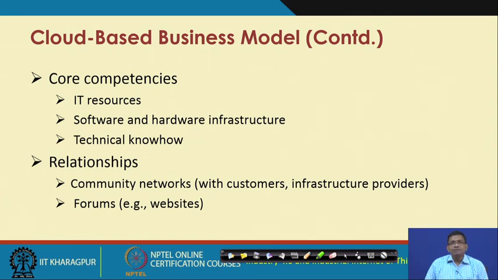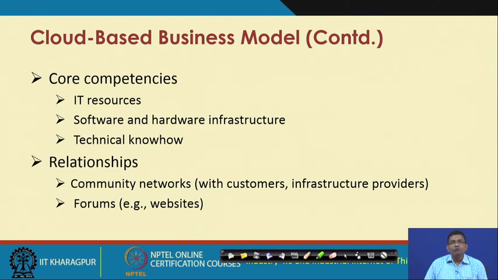And the relationships, for example, relationships between the different stakeholders, the community networks, with the customer, with the infrastructure providers, between them, across them, and so on. And also things like the different forums that are considered, websites, different other distribution lists, these are very important.